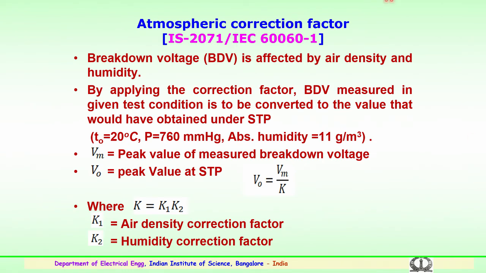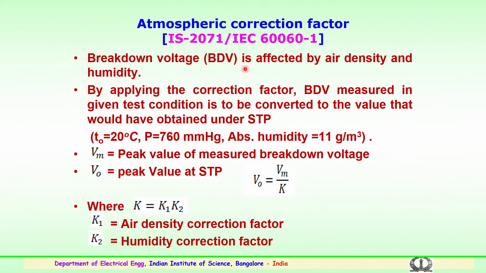So, there are national and international standards, that is IS 2071 and also IEC 60060 high voltage test standard, which very clearly mention the correction factors to be used for the breakdown voltages obtained using the spear gap assembly.